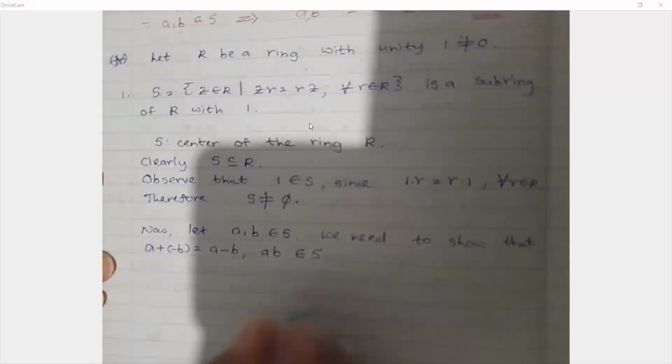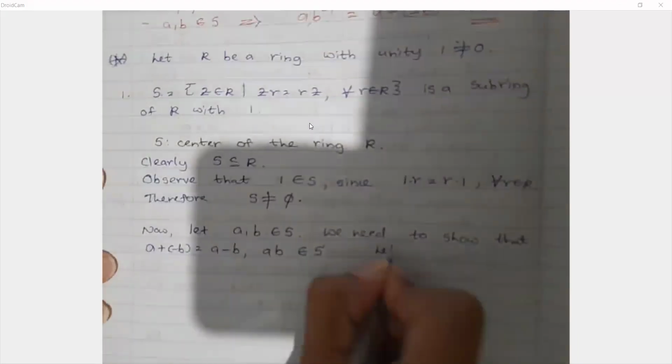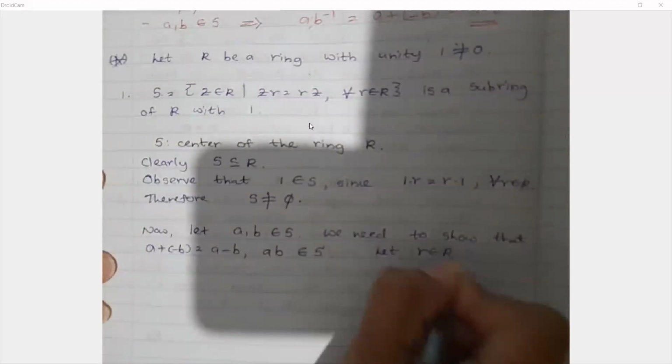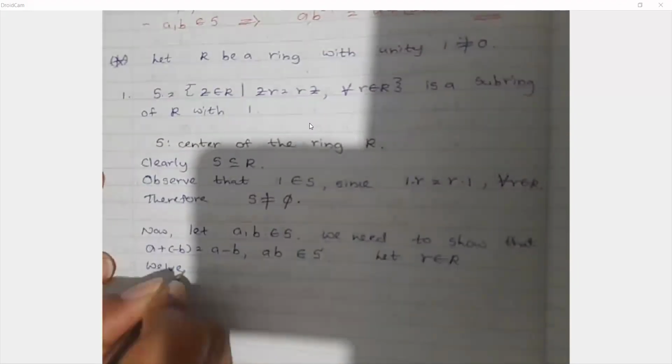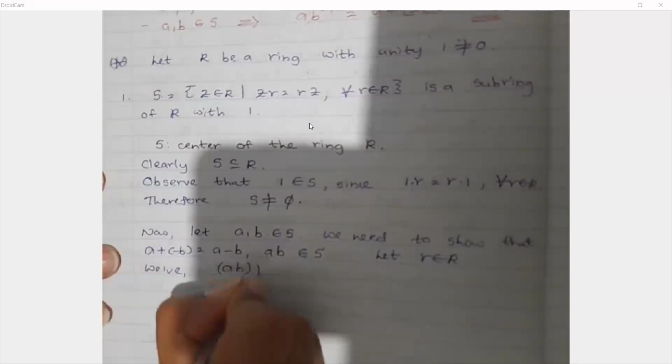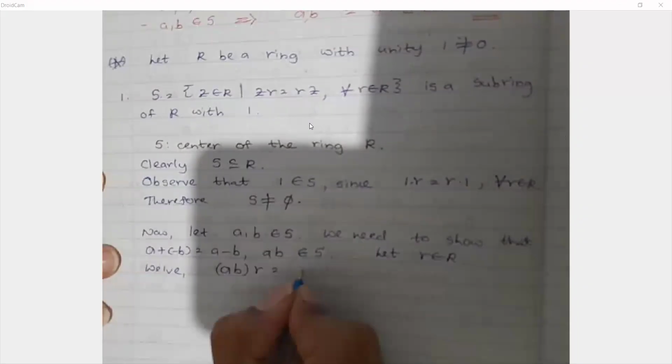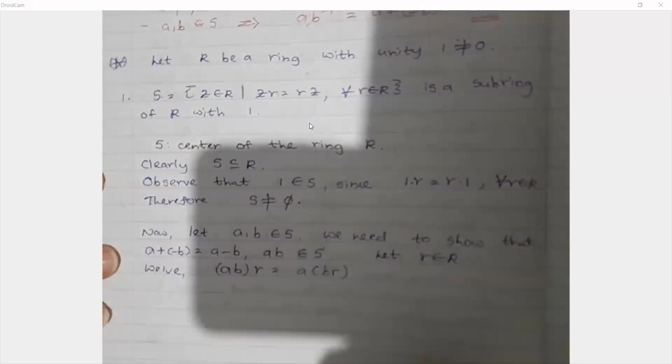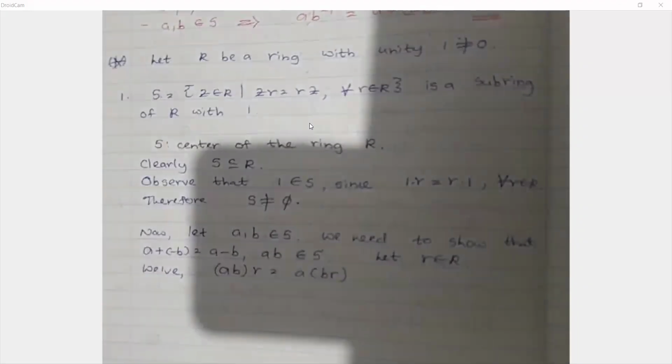Right. Now, let r be any element in the ring R. We have ab times r equal to a times br. We are simply using the associative property. These are ring axioms, right?